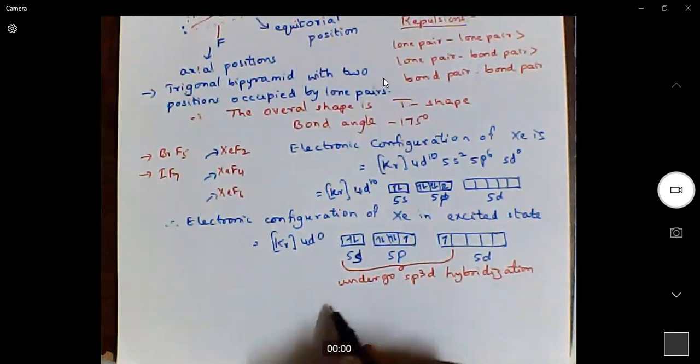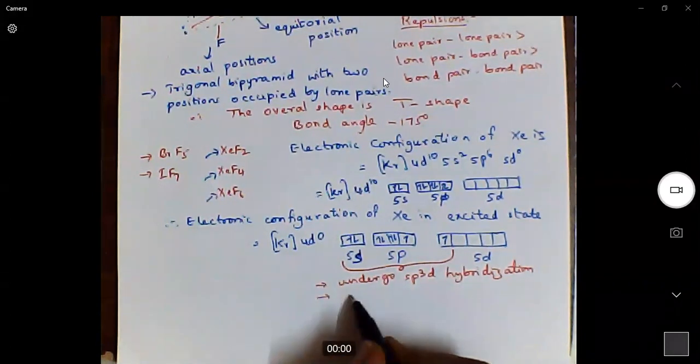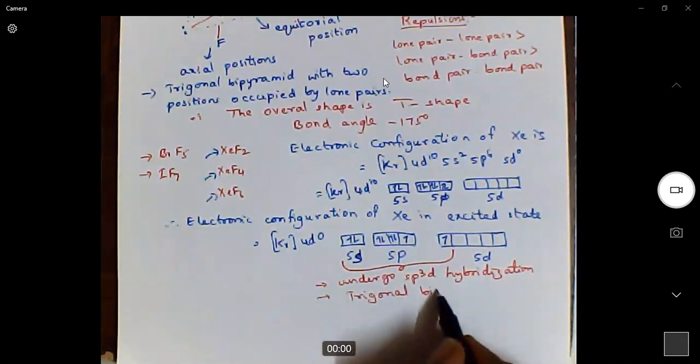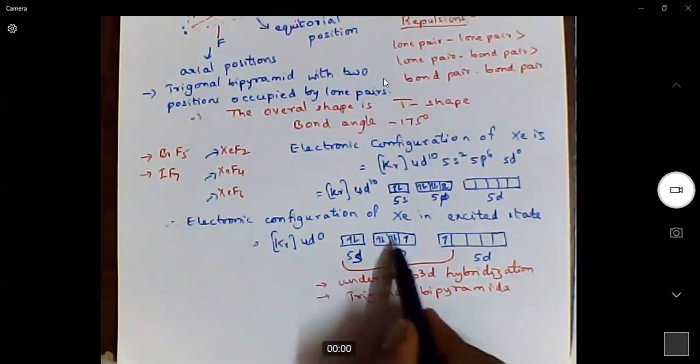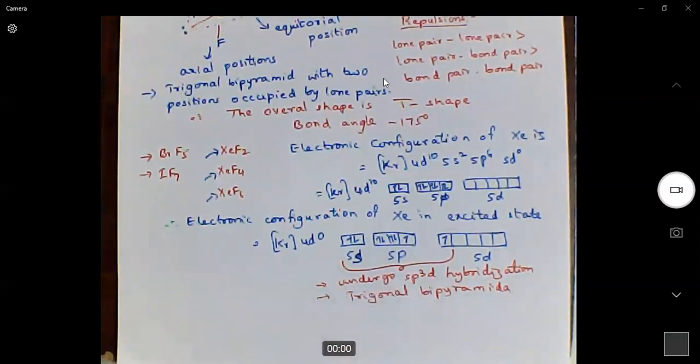Now, with sp3d hybridization, what is the shape of the molecule? The shape of the molecule is trigonal bipyramid, but there are 3 lone pairs in the molecule.